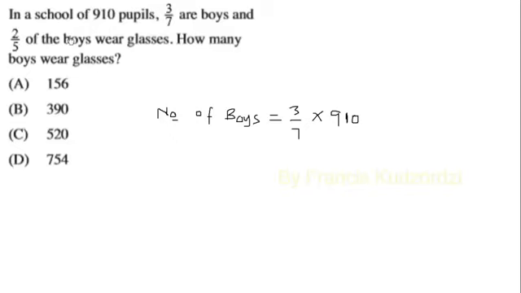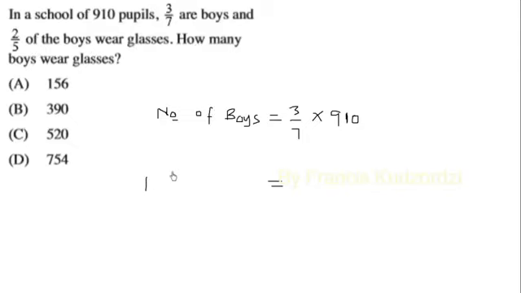Now let's keep it like this for the meantime. We are given that 2 over 5 of the boys wear glasses. So this is the number of boys in the class, and for easy calculations we want to leave it like this. 2 over 5 of the boys wear glasses.